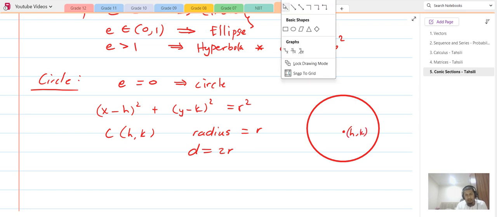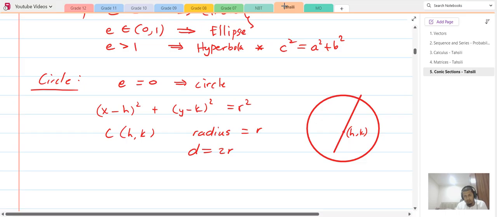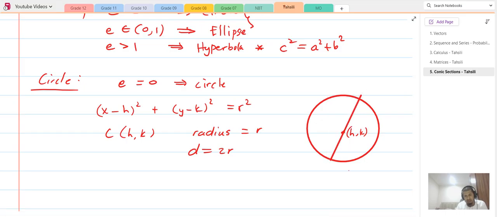And let me just draw a diameter. So you can say radius, radius and radius. So this is also a radius here, right? And there are many radii in a circle. So that's what a circle equation is. All you need for a circle equation is center and radius.